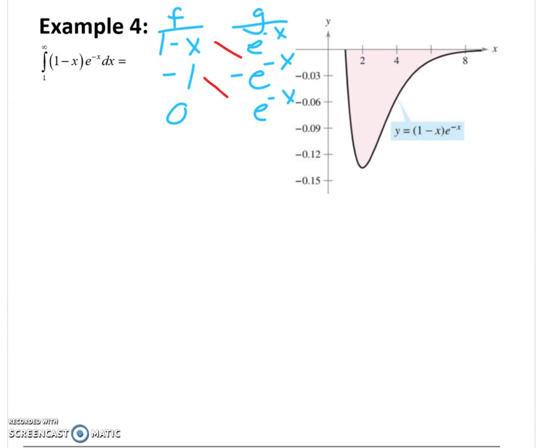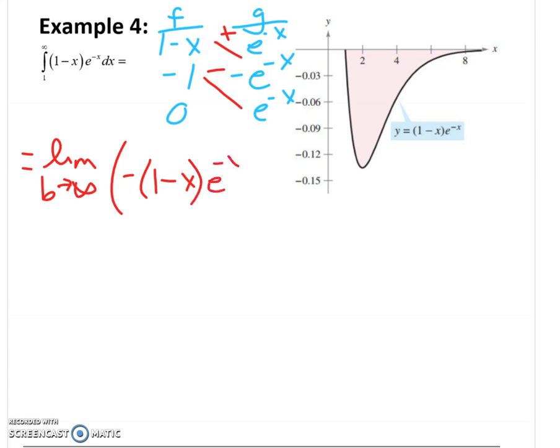So connect diagonally. Change the signs, and so this is going to equal the limit as b goes to infinity of, so matching that stuff up, I would have 1 minus x times negative e to the negative x, so that would be negative 1 minus x e to the negative x, and then negative 1, or minus negative 1 times e to the negative x, so that would become plus e to the negative x, and that is evaluated from 1 to b.